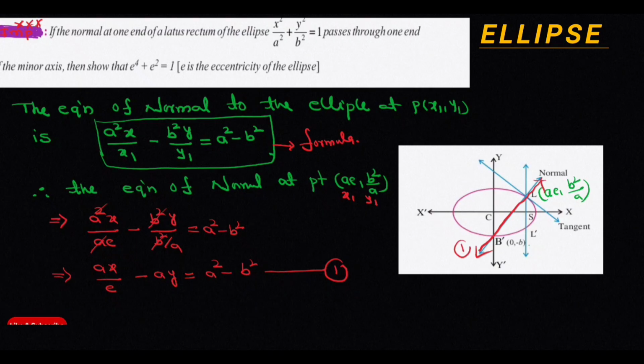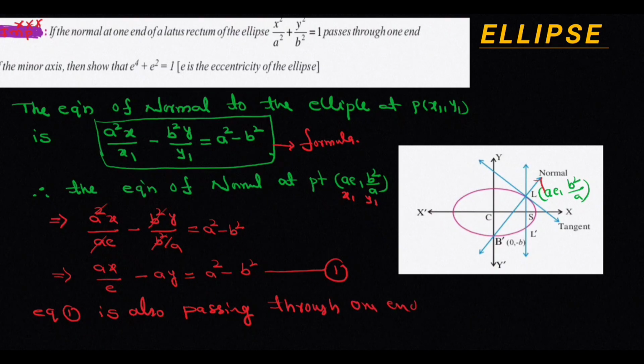Equation number 1 is also passing through (0, minus b), one end of the minor axis, here B dash.